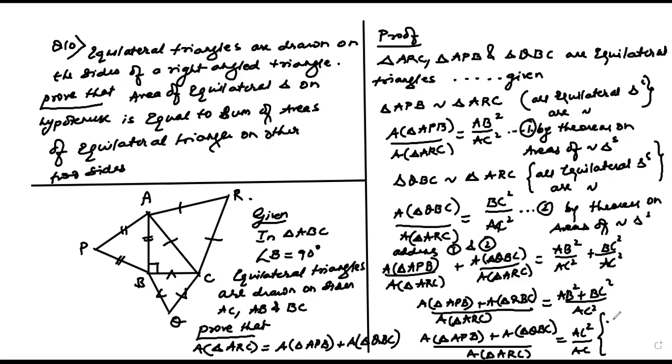Reason: since AB square plus BC square equals AC square by Pythagoras theorem. See, AC square gets cancelled, children. What is left? 1. So the last line I'm going to write on top, with some other color. You can see it here.